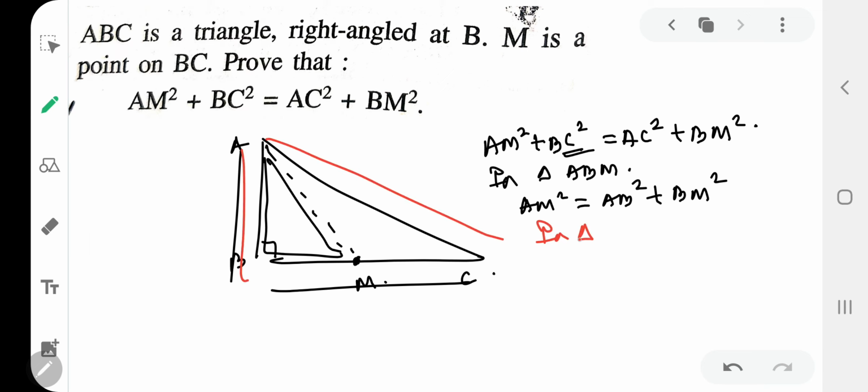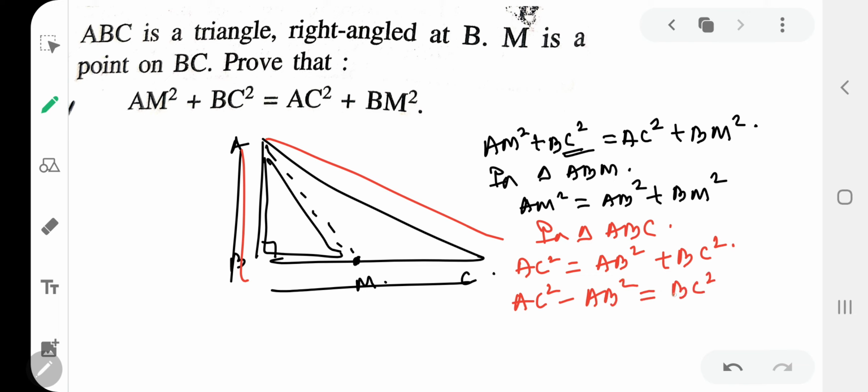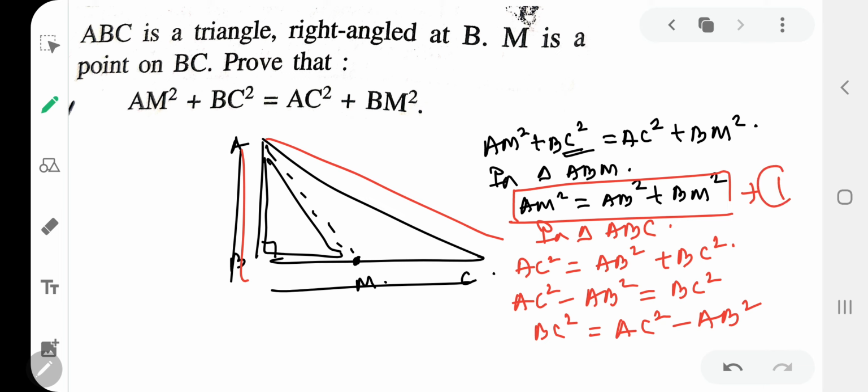in triangle ABC, AC square is equal to AB square plus BC square. If I take AB square on this side, I'll get BC square is equal to AC square minus AB square. This equation you can mark as number 1, and the other equation you can mark as number 2, and add both of them.